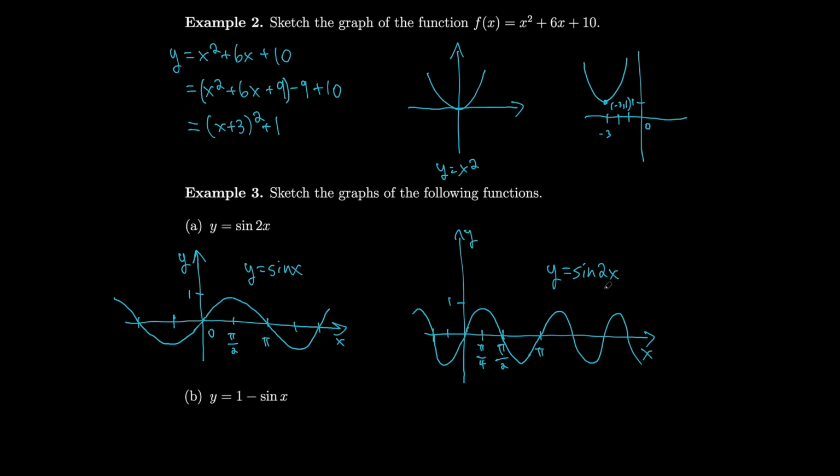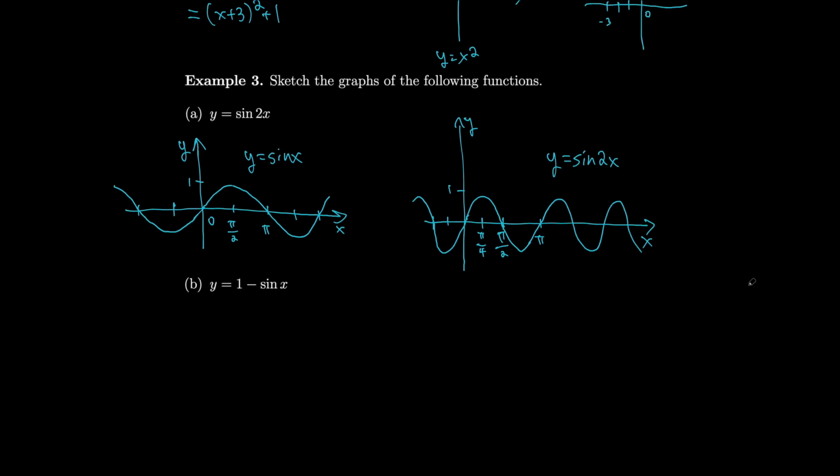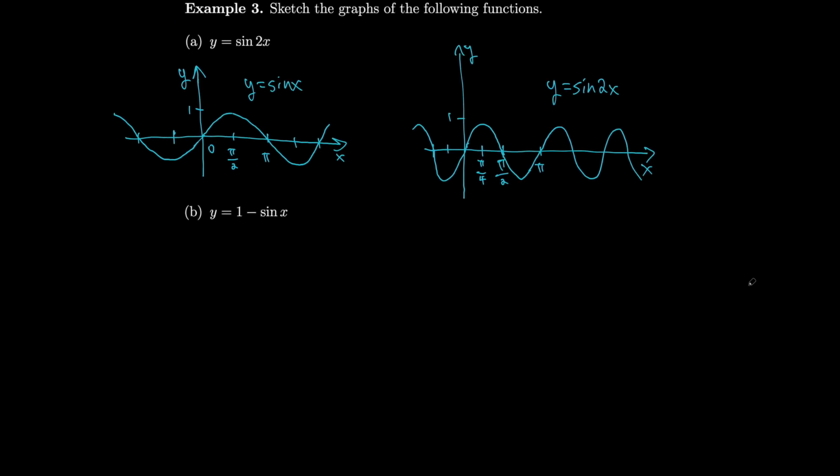Let's do 1 minus sine x now. Okay, so again, starting with sine, what we'll do is multiply by minus 1 for sine of x, so that flips it upside down over the x-axis, and then we have to move it up 1.